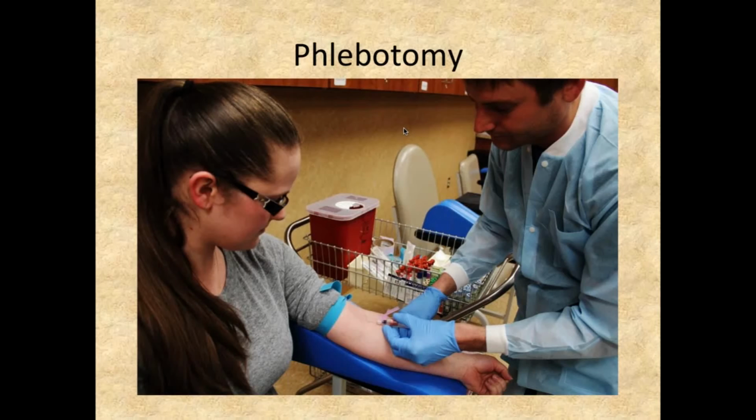Blood tests begin with the process of phlebotomy. And I think everybody's probably had blood drawn at one point or another. The individual drawing the blood, this gentleman on the right in the blue coat here, his job title is phlebotomist. And that's all he does in most big labs is draw blood from patients.